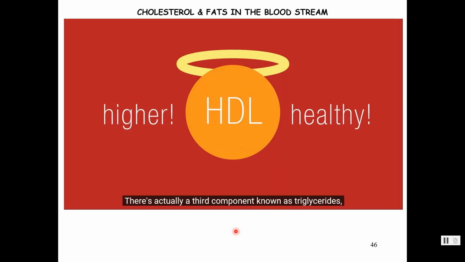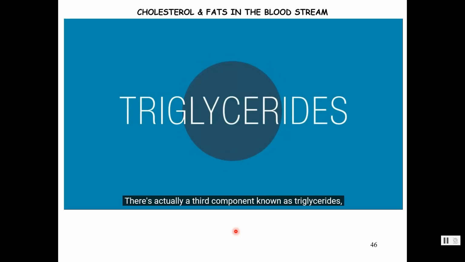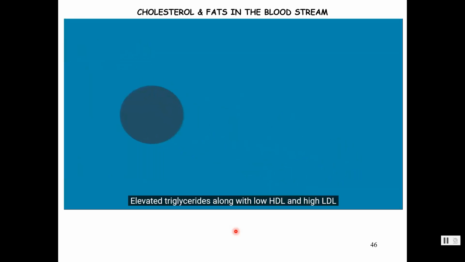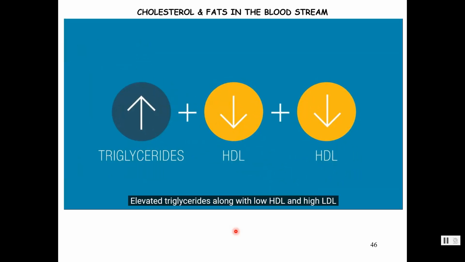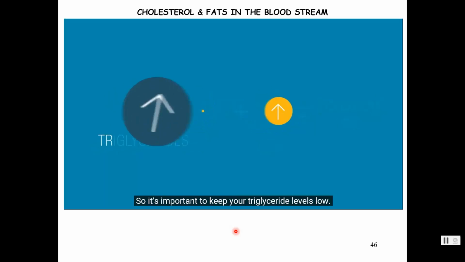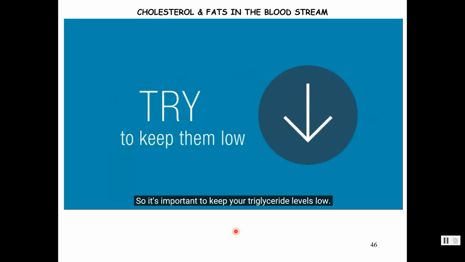There's actually a third component known as triglycerides, which plays a role in your cholesterol health. Triglycerides are the most common type of fat in your body, and their job is to store excess fat from your diet. Elevated triglycerides, along with low HDL and high LDL, can also increase your risk for cardiovascular disease, so it's important to keep your triglyceride levels low.